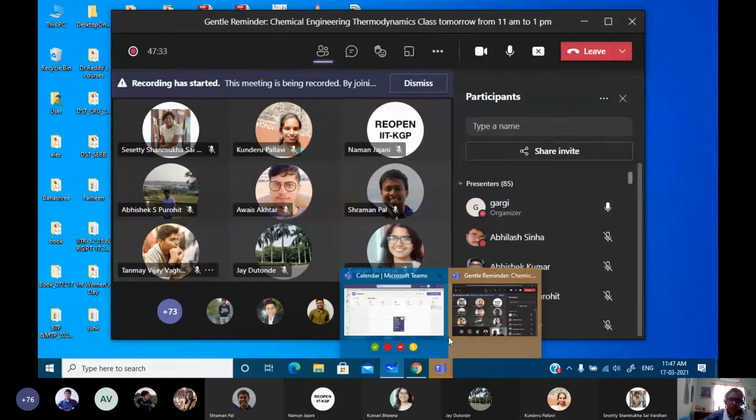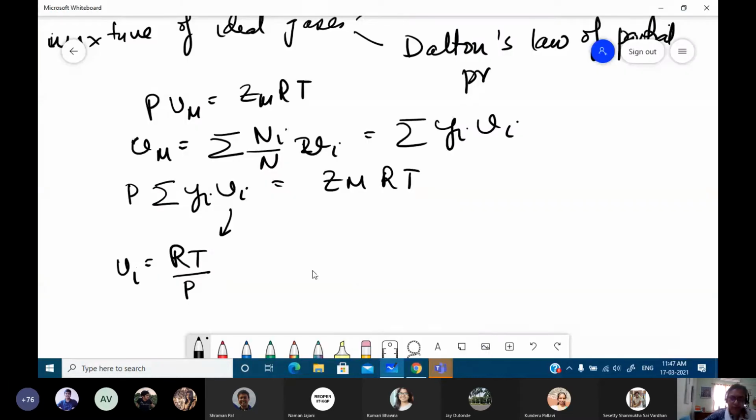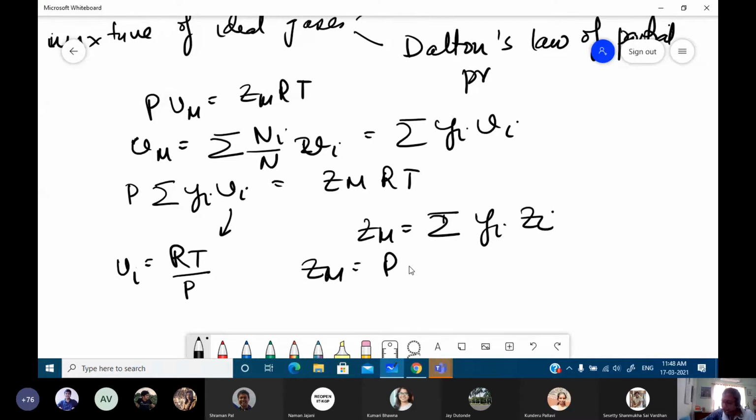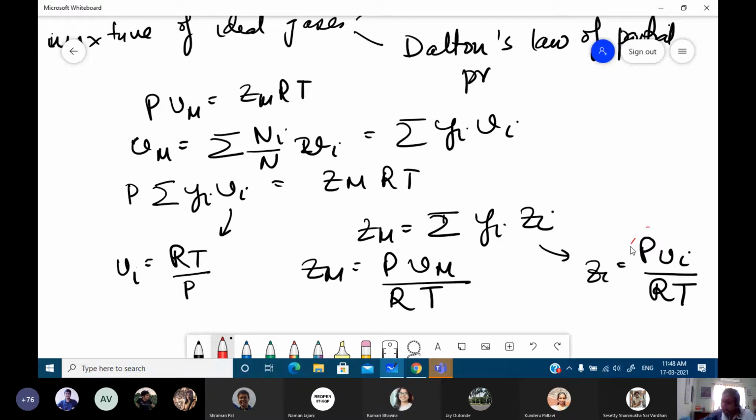Well, fine. So in this particular case, if you substitute this here, then we get Zm equals sigma Yi Zi, where Zm is equal to PVm by RT and Zi is equal to PVi by RT, and this P and this P are the same, and again this T and this T are the same.